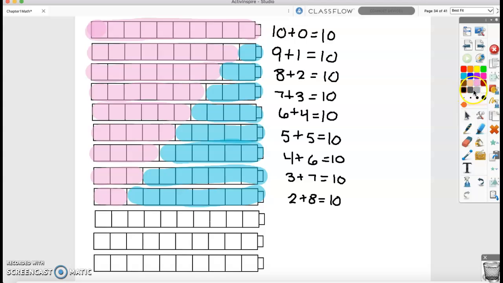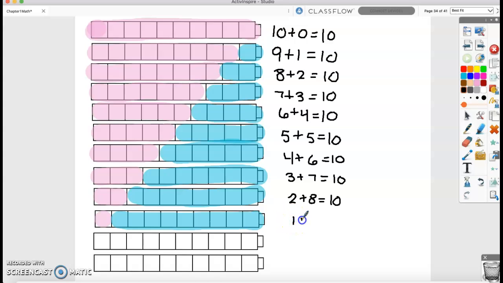All right, let's go to the next one. Now that I have fixed it, and that's okay to make mistakes. This one I'm going to color in 1, and all of these are going to be blue. So let's think. What do you think that's going to be?